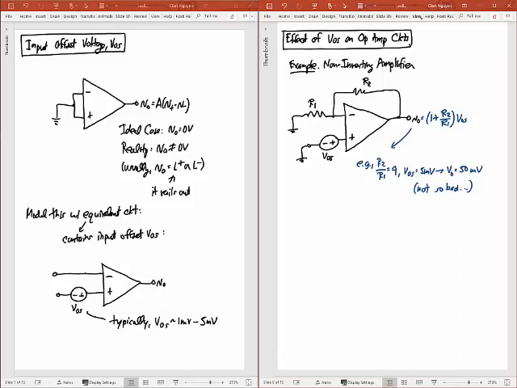Okay, but let's take another example and let's see where this can really have a big impact. So let's take as an example an integrator.